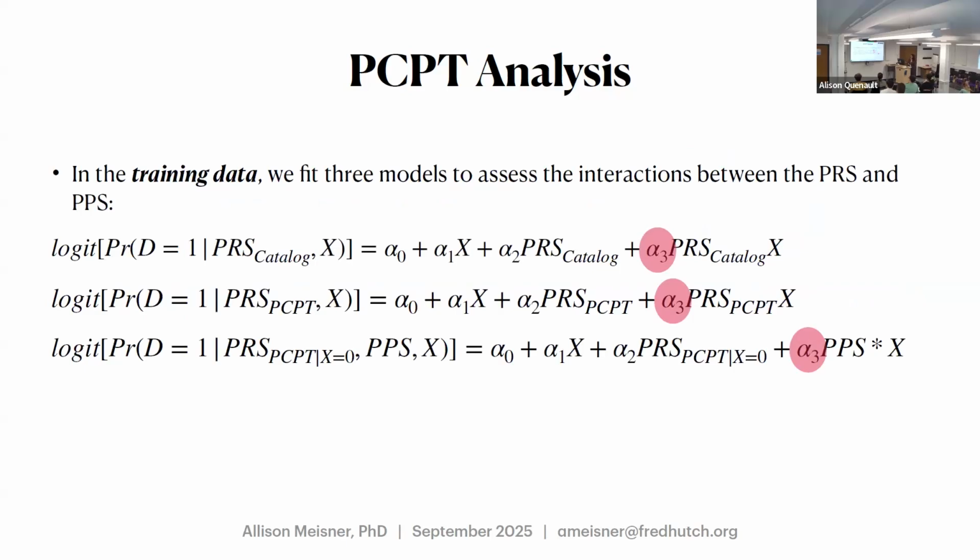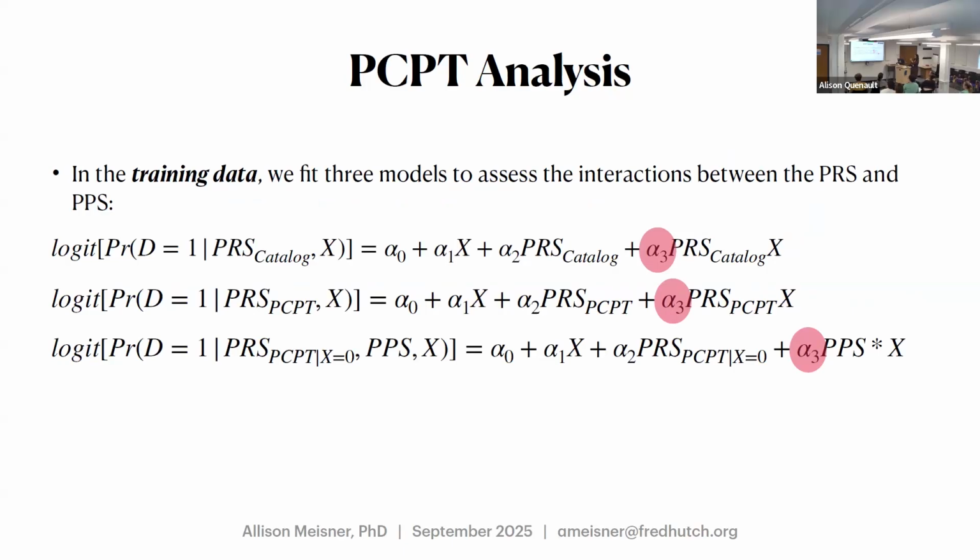In the training data, we fit 3 models to assess the interactions between the PRS and the PPS. So again, in the training data, we constructed this PRS_PCPT and then the PRS in the control arm and the PPS. So in the first model, that's the PRS catalog, and so that was developed in external data.